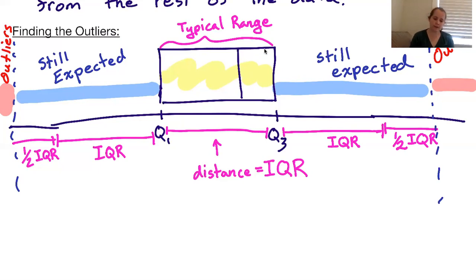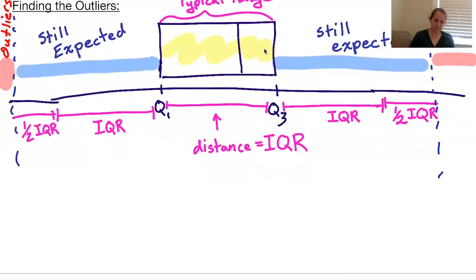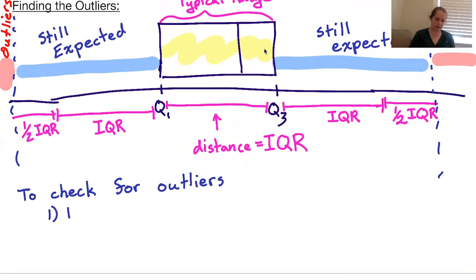So to check for outliers, we need to first find the IQR, assuming we already know the 5-number summary.